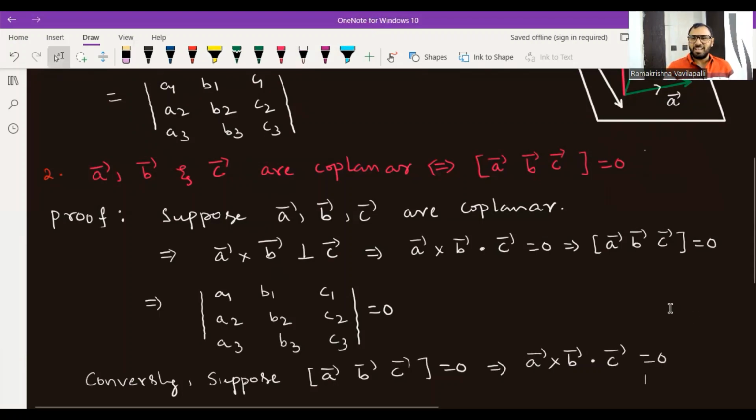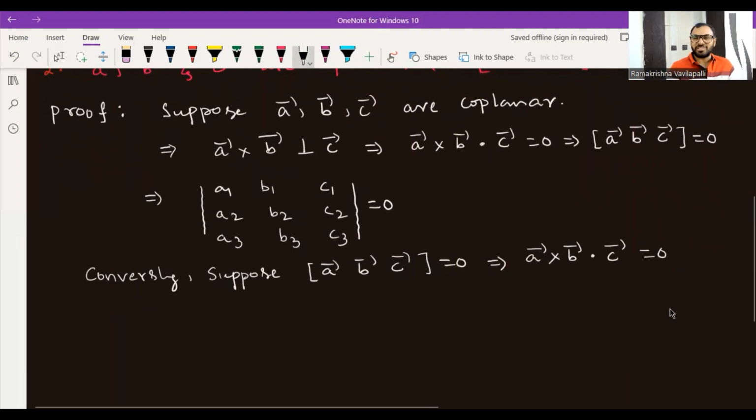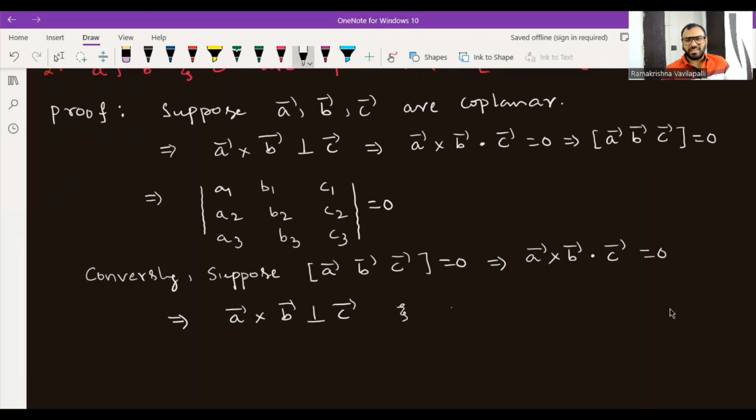Well, so which means that A bar cross B bar is perpendicular to C bar vector. And we know that A bar cross B bar is perpendicular to A bar and B bar.